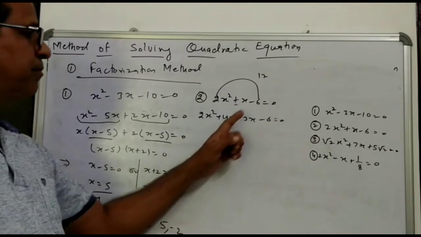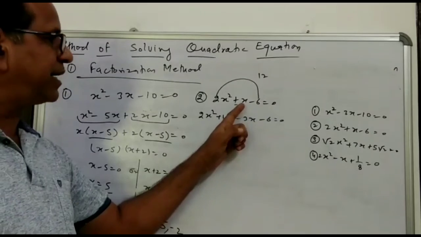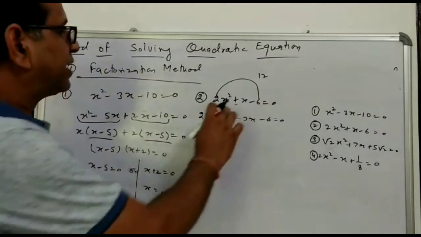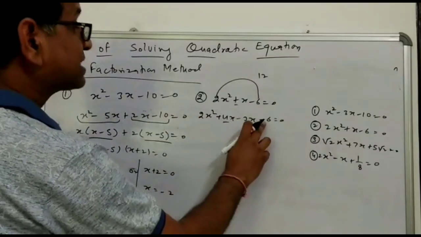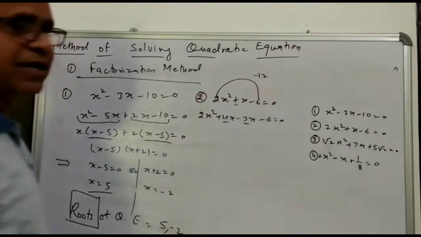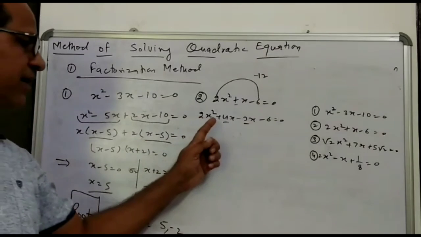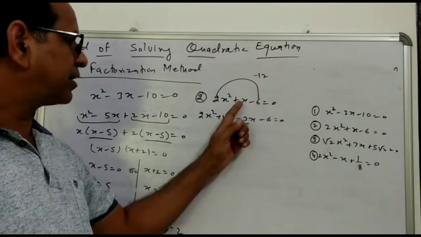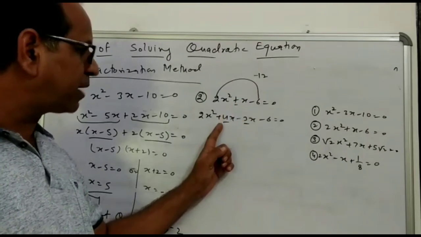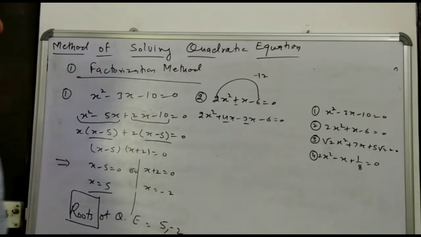Keep this in your mind: we have to break this 1 into two parts such that the sum of these two parts is 1 and the product of these two parts is minus 12. That will be possible only when you take the signs of these two parts different. And it is plus 1, so the bigger part will be plus and the smaller part will be minus.